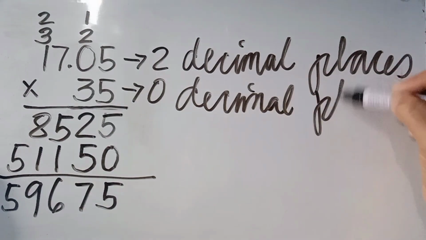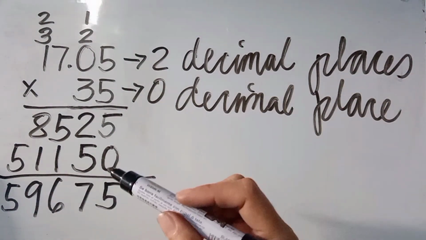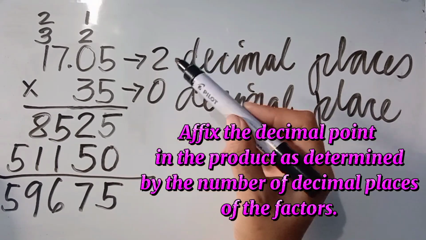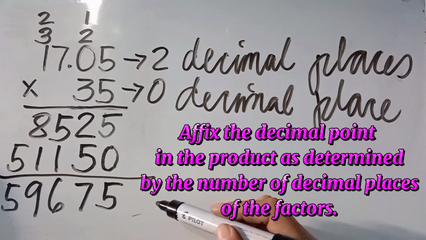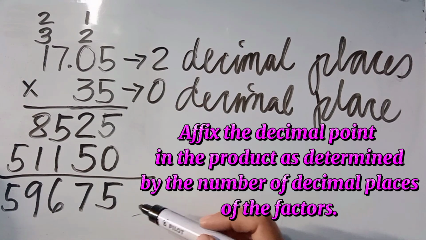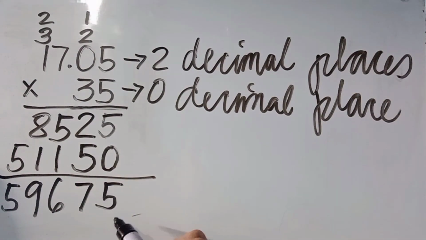Ano po? So, the next thing that we are going to do, we are going to affix the decimal point in the product as determined by the number of decimal places of the factors. So, 2 decimal places lang naman siya. Therefore, mayroon tayo ditong 2 decimal places sa product. So, count natin ng 2 decimal places from the right. Dito, sa kanan. 1, 2.